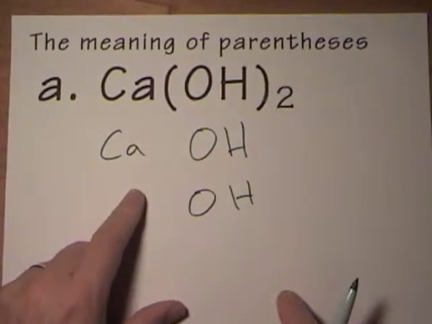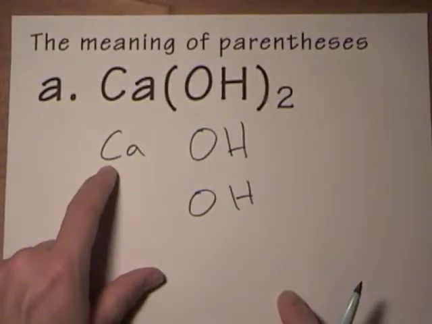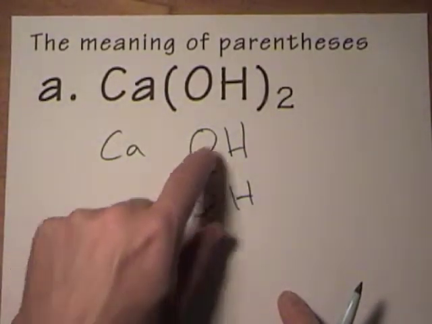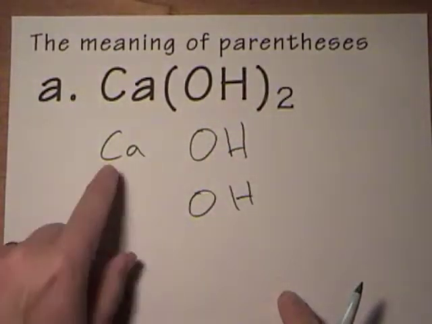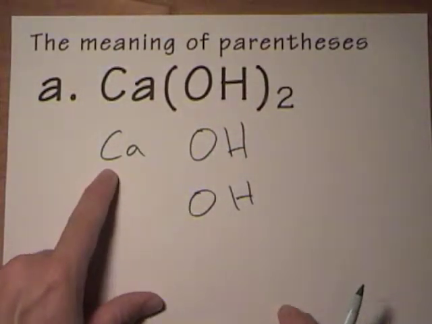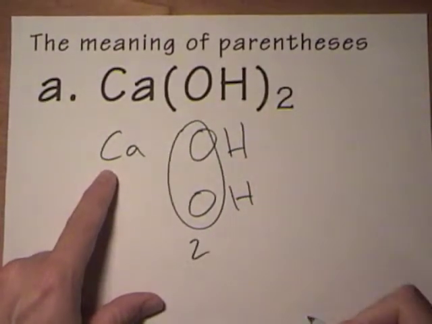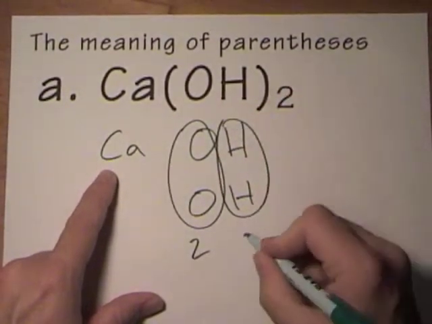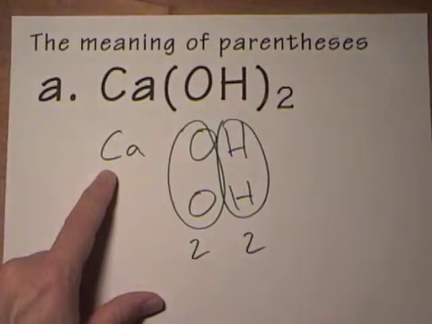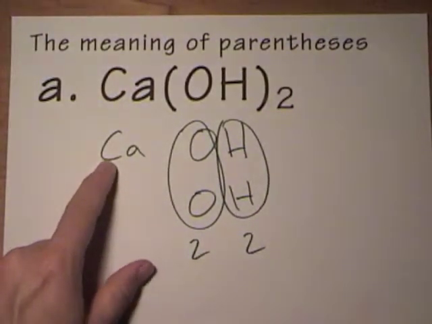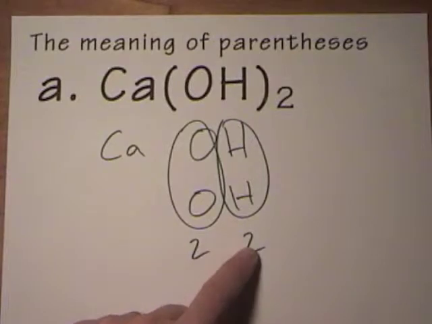So if I wanted to count my elements, I could list the calcium and the oxygen and the hydrogen. There's 1 calcium here. Together there are 2 oxygens, and together there are 2 hydrogens. 1 calcium, 2 oxygens, 2 hydrogens.